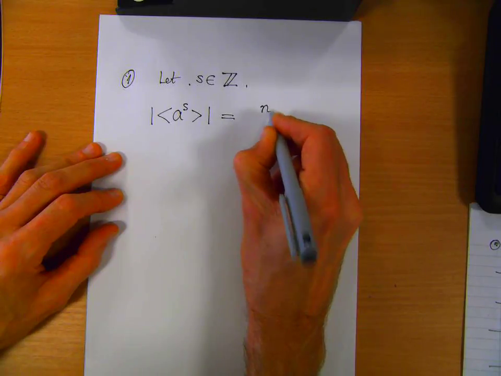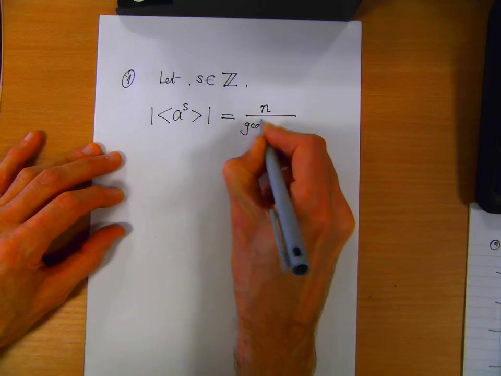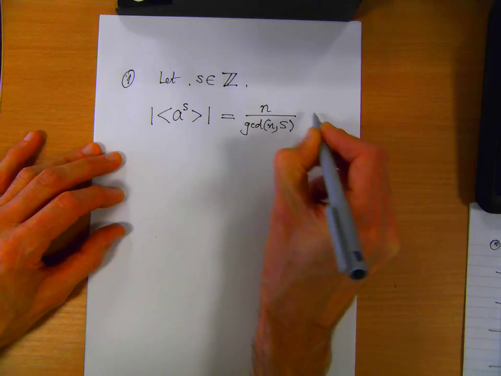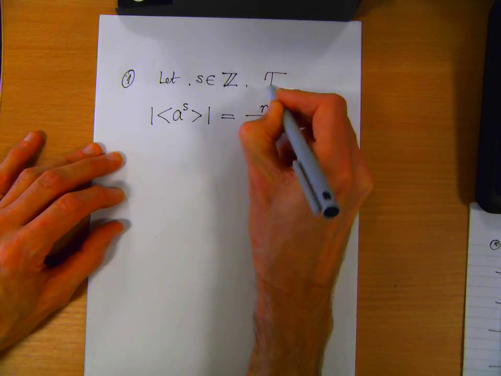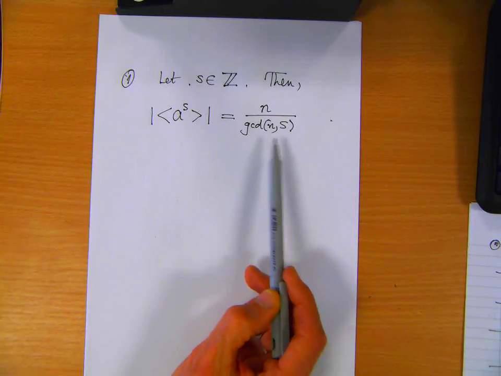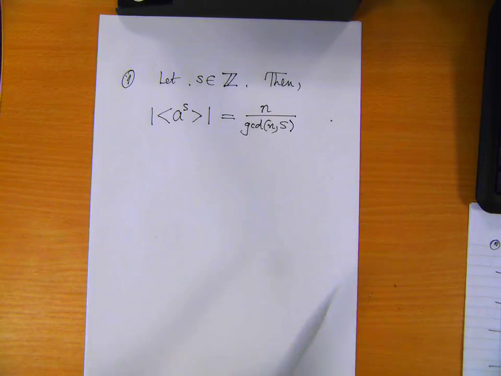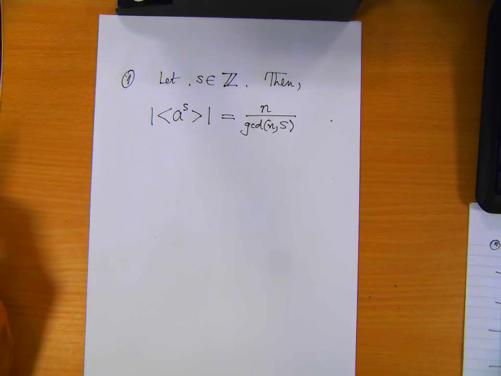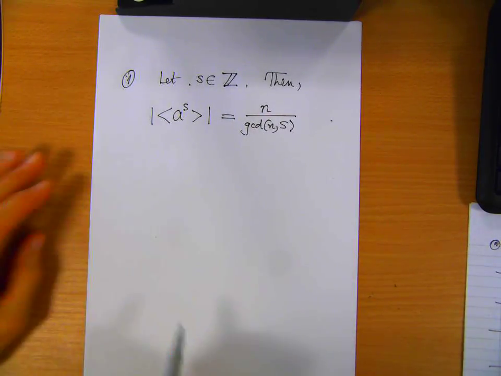It's actually n divided by the greatest common divisor, or highest common factor if you want to call it that, of n and s. Okay? So this is a number theoretic idea on the right hand side, where the greatest common divisor is involved. And it's worth playing around with a few examples just to see how that works. And this is very straightforward to prove, but I'm not going to do it now.